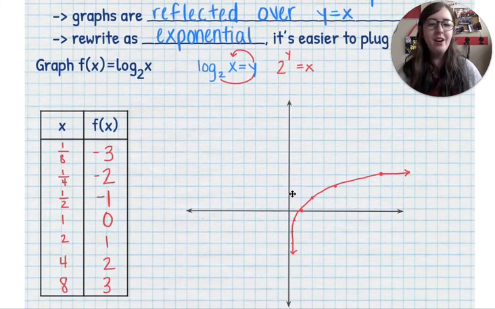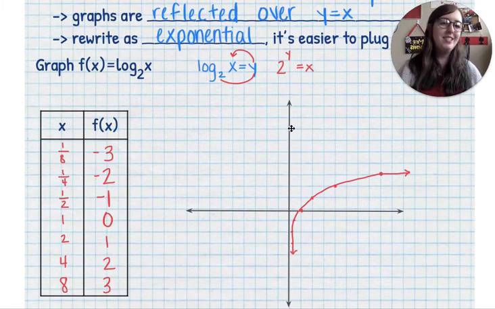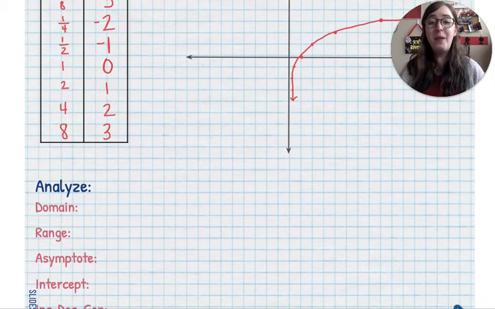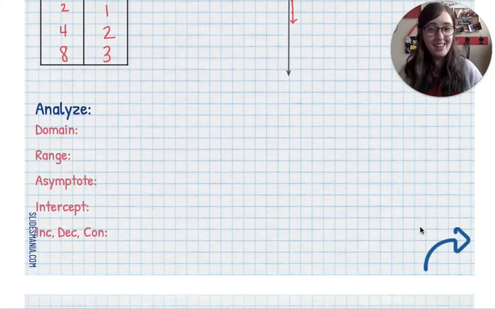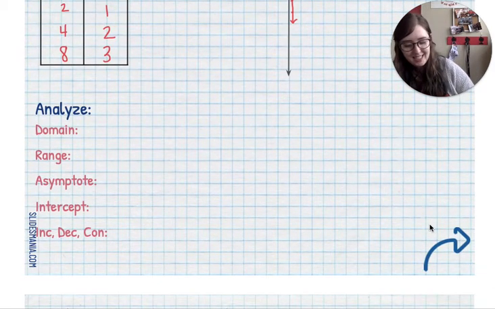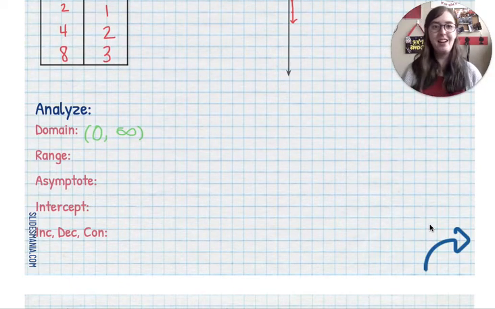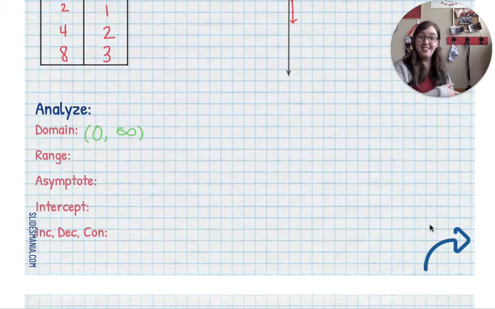If we look at our domain here, we start over here at 0, and then we keep on going in this direction. So my domain is not -infinity to positive infinity. It's 0 to infinity.